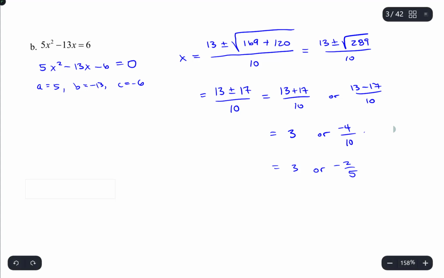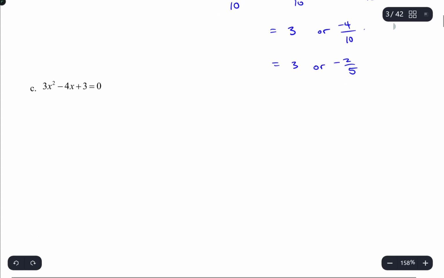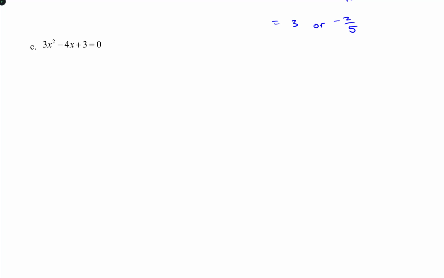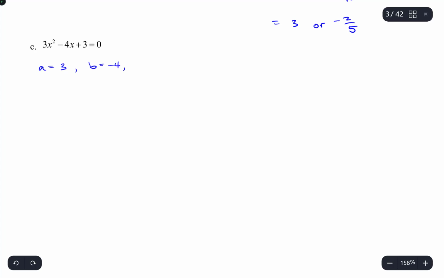All right, let's see what we have next. So 3x squared minus 4x plus 3 equals 0. So that means my coefficient a would be 3, b is -4, and c is 3.